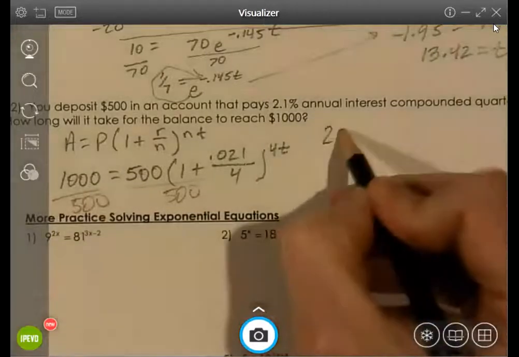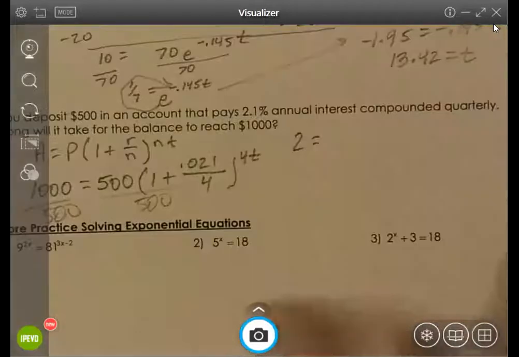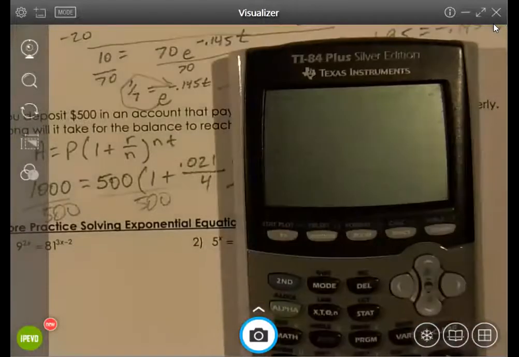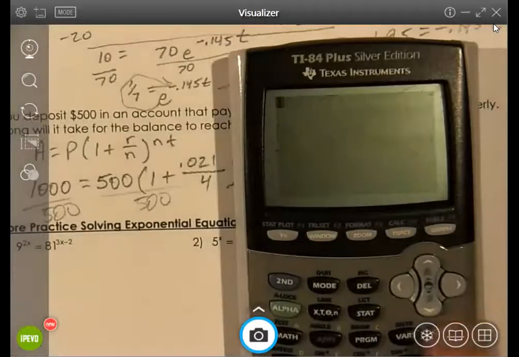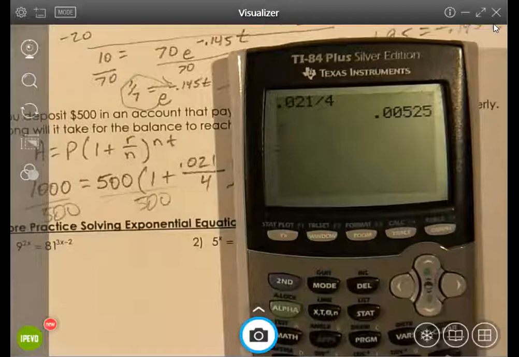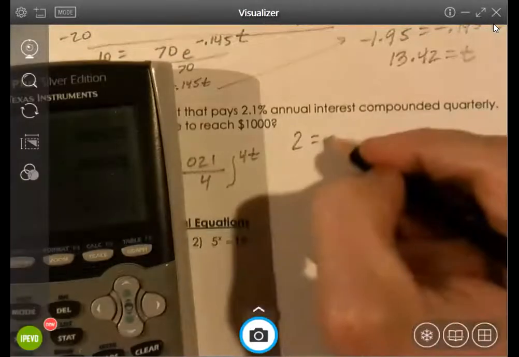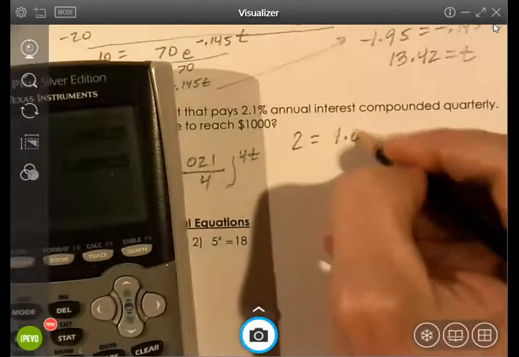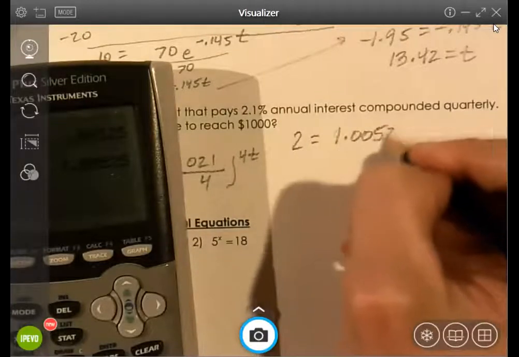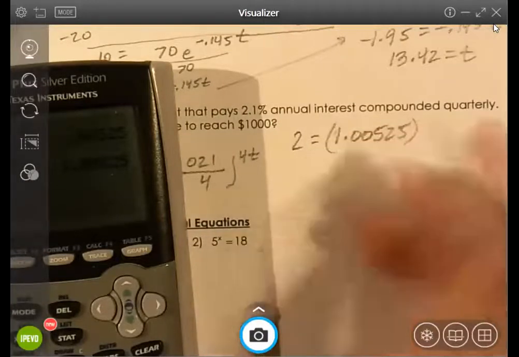So that's going to give us 2. Then 0.021 divided by 4, and we're going to add our 1 to that. So we have our 1.00525.